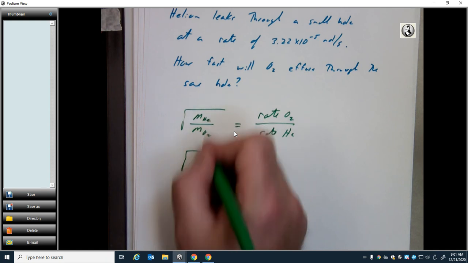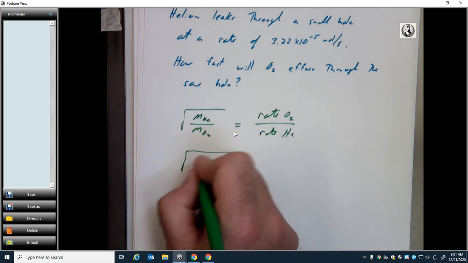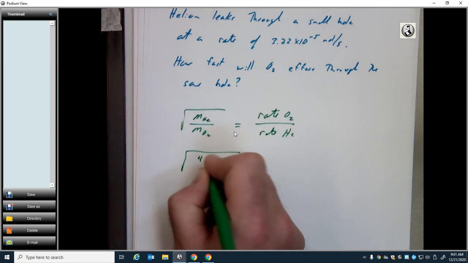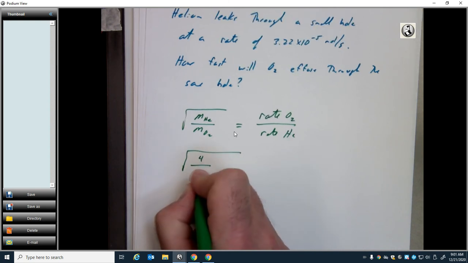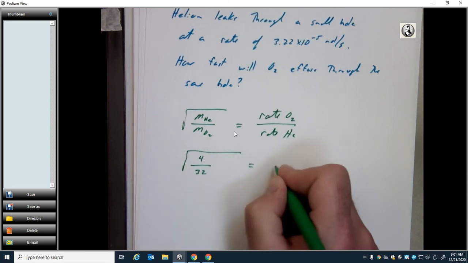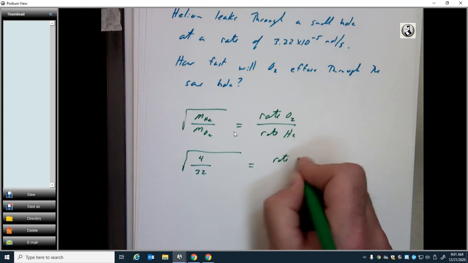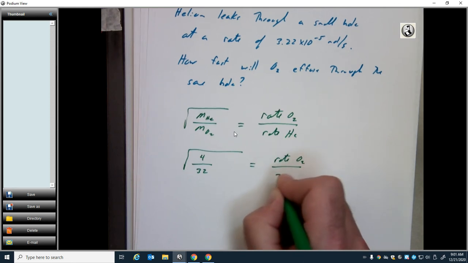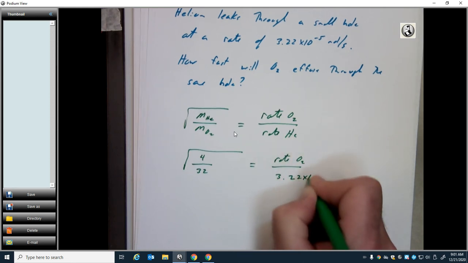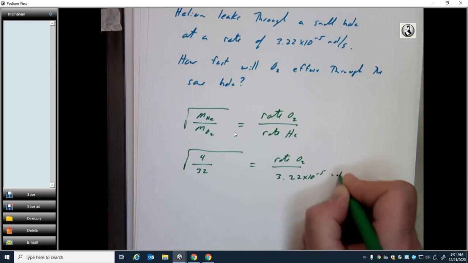Well, the molar mass of helium is 4, so the square root of 4 over 32 equals the rate of O2 over 3.22 times 10 to the minus fifth moles per second.